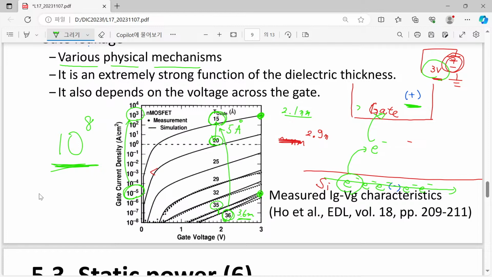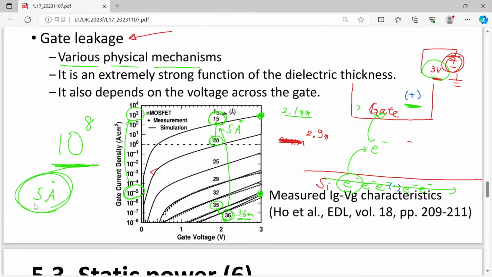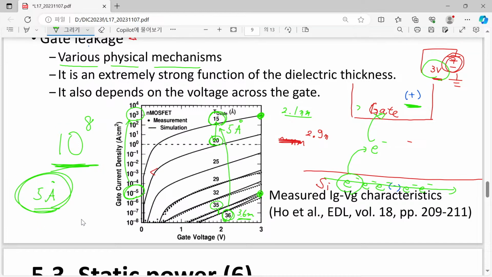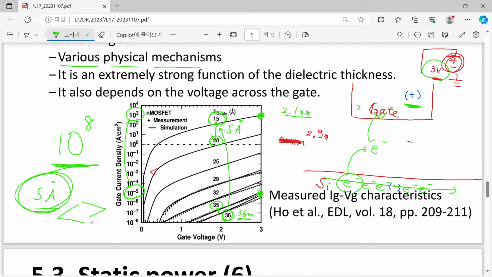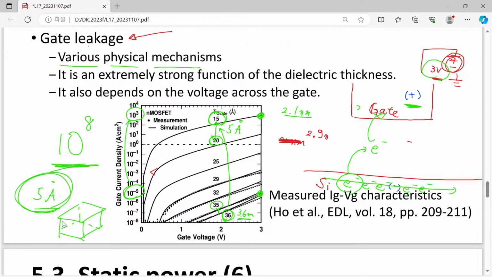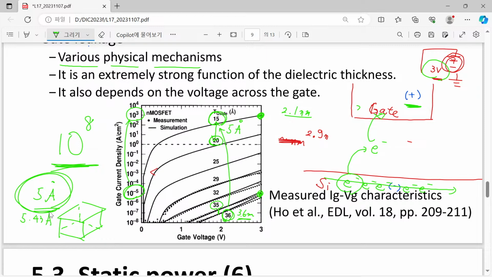And what is 5 angstrom? Everybody in this classroom may understand 5 angstrom is just the lattice constant of the unit cell of our silicon crystal. Just one unit cell has a size of 5.43 angstrom.